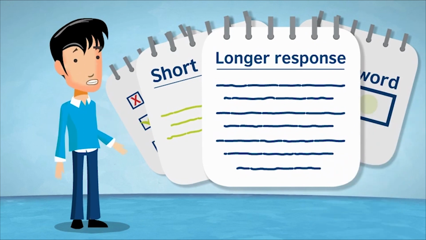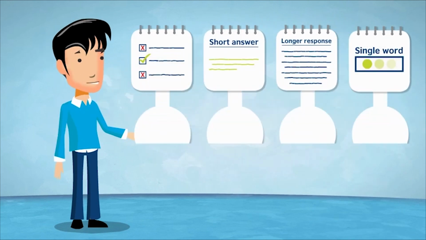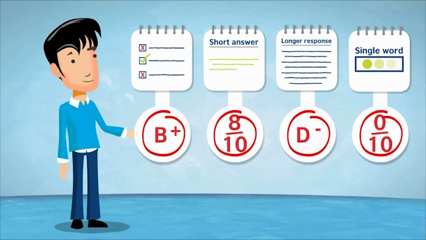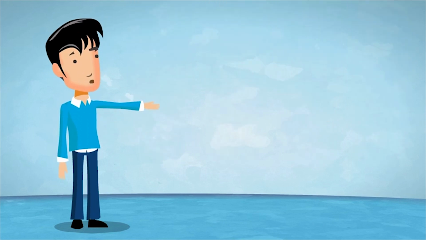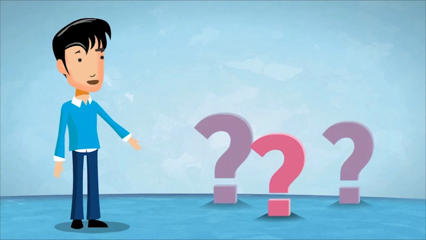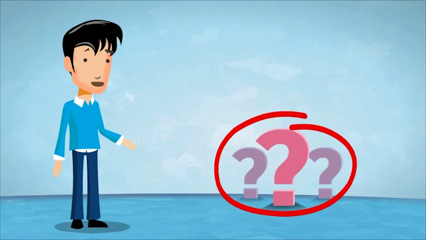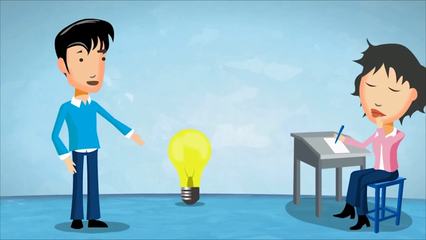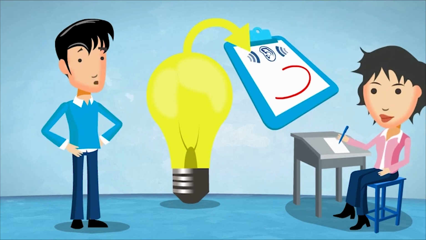Of course, in the end, all these tasks have to be given marks or scores. So, it's important to decide beforehand how questions are going to be marked, and to make sure the test takers understand how their tests will be scored.